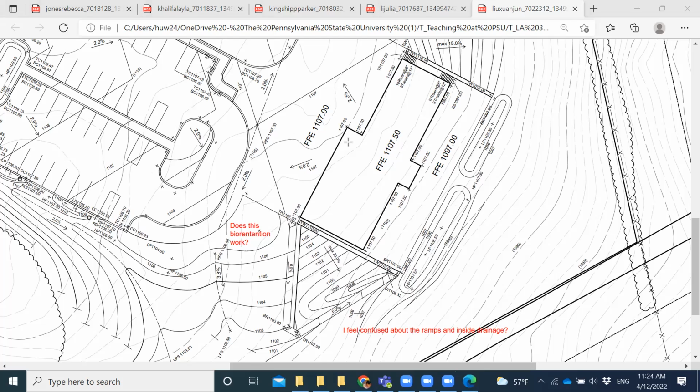So if I were to draw the center line over there, you are at about 108 for your FFE. I think that's correct. Yes, that's right. So your top FFE would be close to 108.